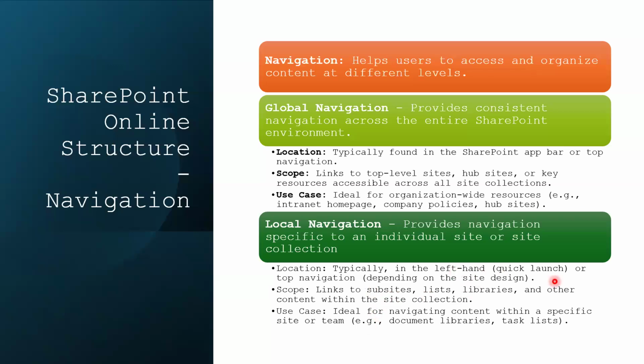The scope is links to subsites, lists or libraries, and other content, and we can use it within a site or a team site. In summary, global navigation is used to navigate between site collections, and local or quick launch navigation is used within the site or subsite.